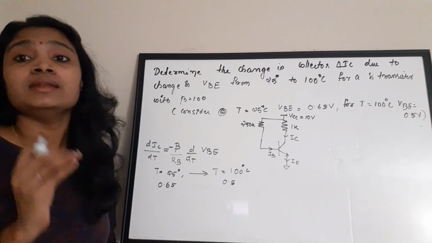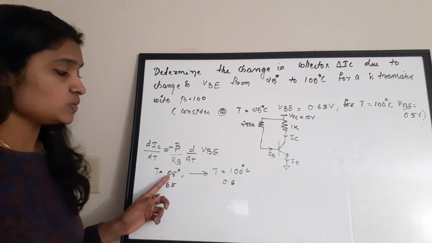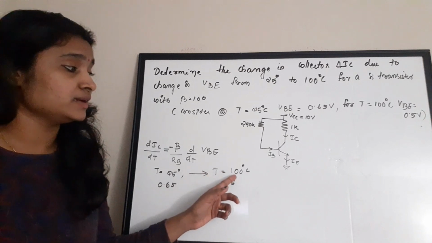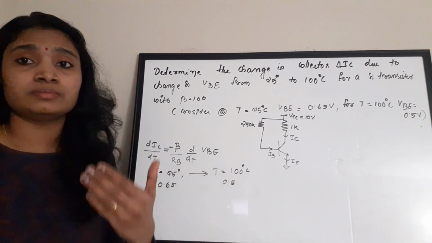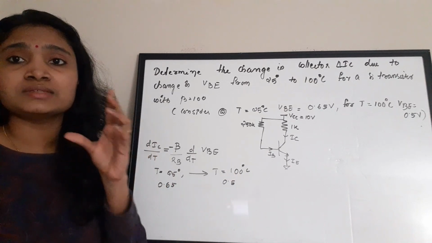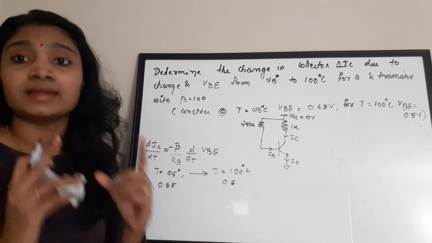So this is a negative change. At T equal to 25, it was 0.65. Then as T gets to 100, the base emitter voltage is dropping.